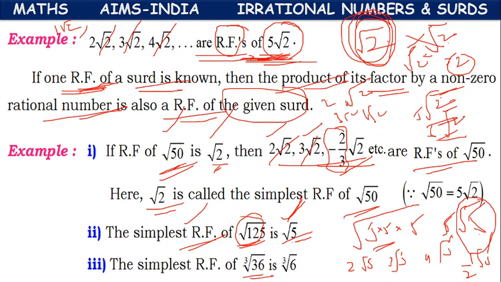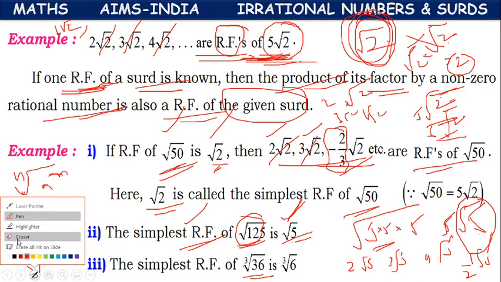Or cube root of 36. Let's find it by formula. What formula? Nth root of a power m. What is the simplest rationalizing factor? Here cube root of 36 is there. Means cube root of 6 square we can write.